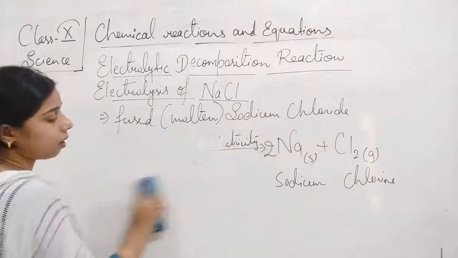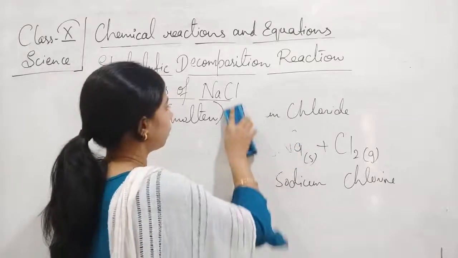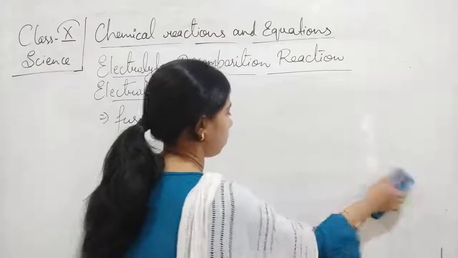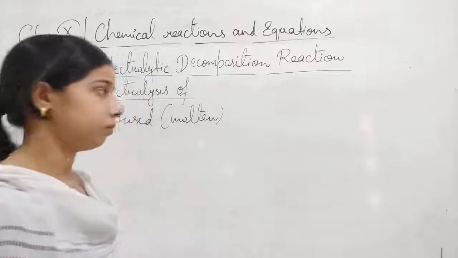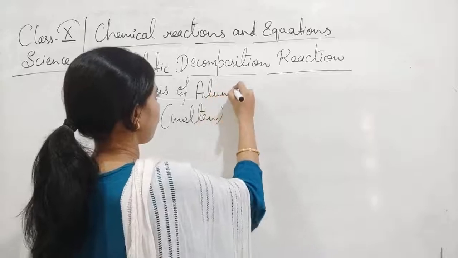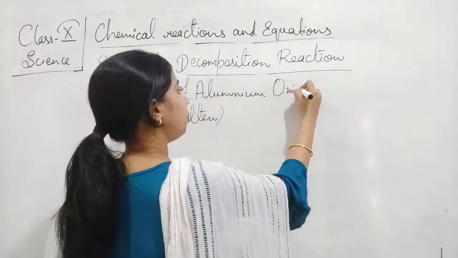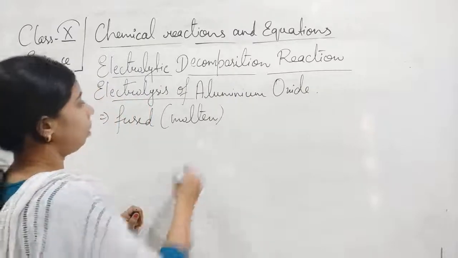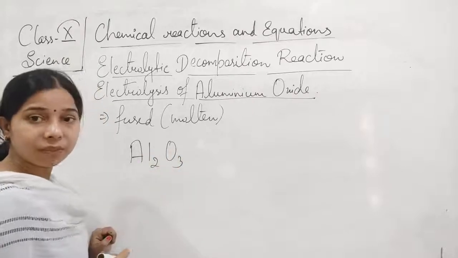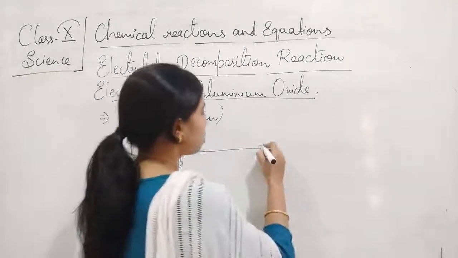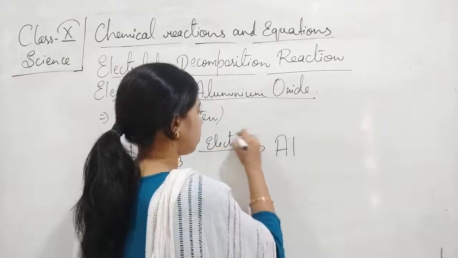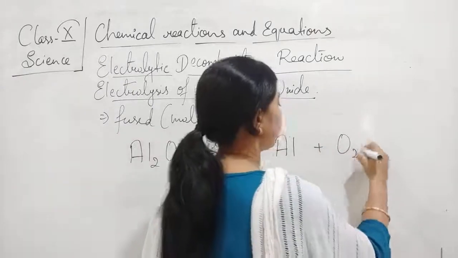So we can write the next one, electrolysis of aluminium oxide. Okay. So here we have taken aluminium oxide, that is Al2O3, molten. This will give aluminium if this process occurs in the presence of electricity, and finally oxygen is evolved along with it.